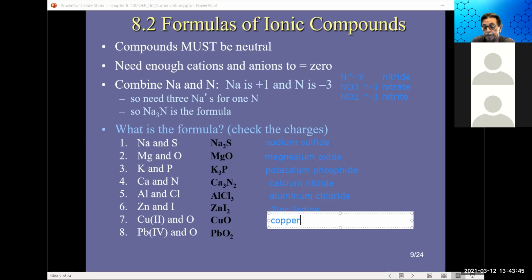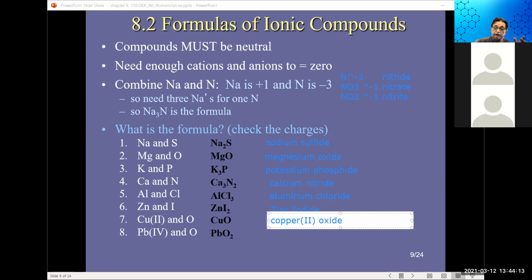And we were given Roman numeral 2, so we continue to use it because that's designating to you that you are using the +2 copper. And then oxygen remains oxide.